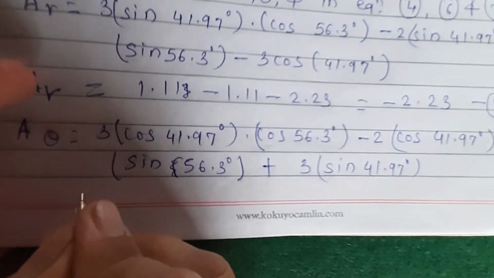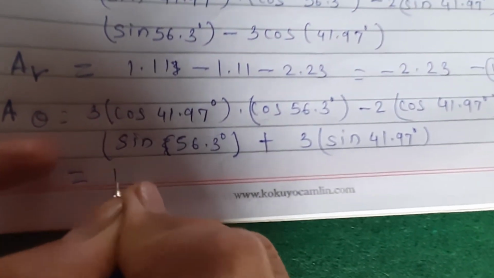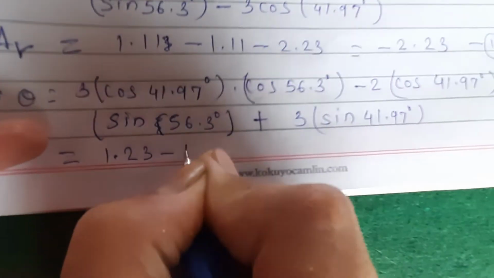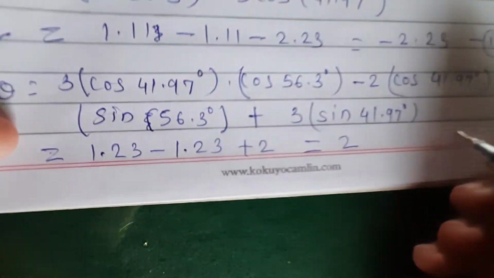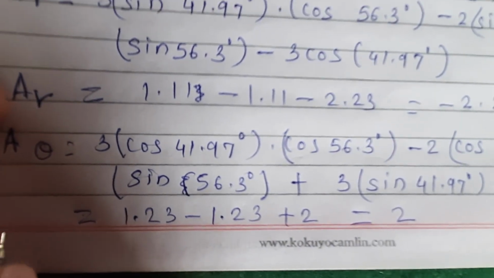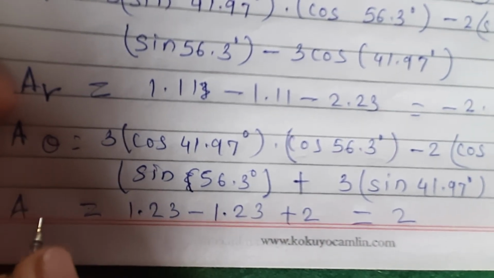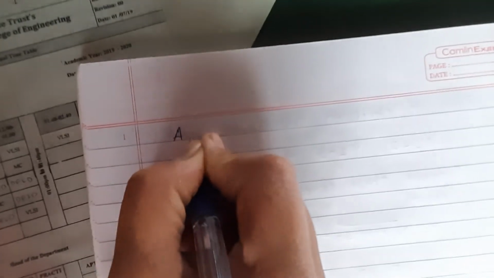So we solve this. This is equation 12, the value of A theta. Now next we have to find the value of A phi.